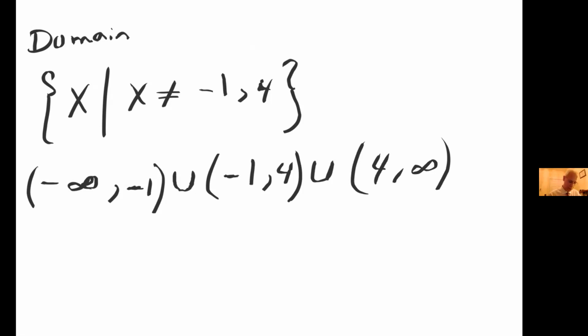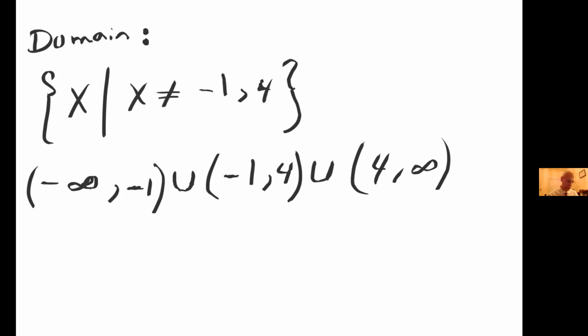So this was my domain: x such that x cannot be -1 and it cannot be +4, or from -infinity to -1, together with -1 to 4, together with from 4 to infinity.